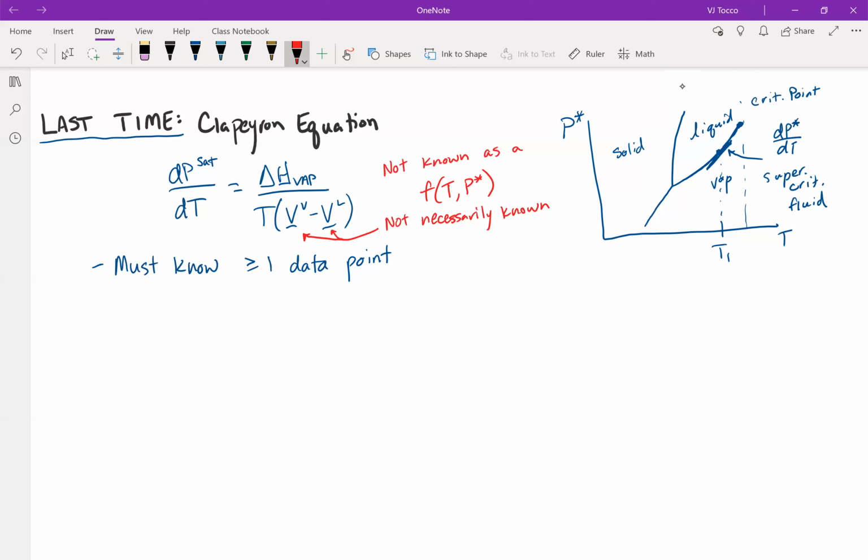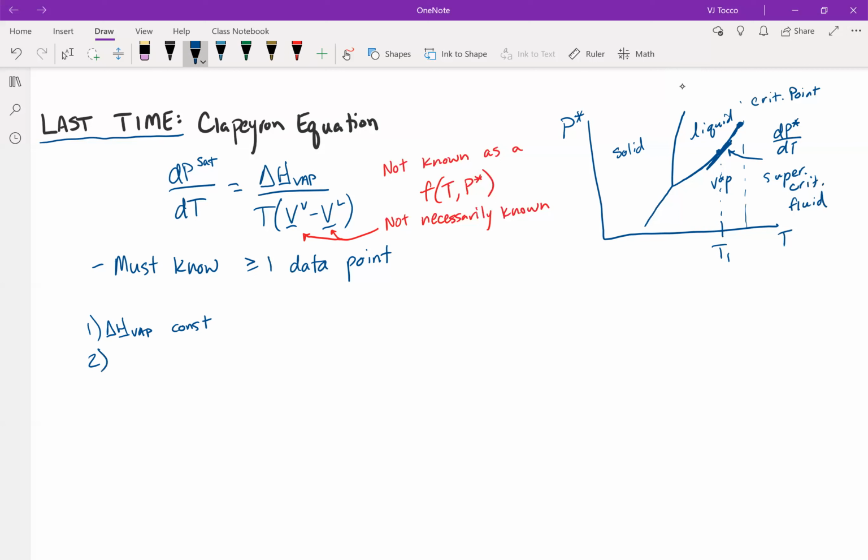So last time that inspired a guy named Clausius to come along and modify the Clapeyron equation. And remember, the assumption of the Clausius-Clapeyron equation was that delta H vap is constant. And therefore, when we integrate this, we can pull this delta H vap out of the integral.